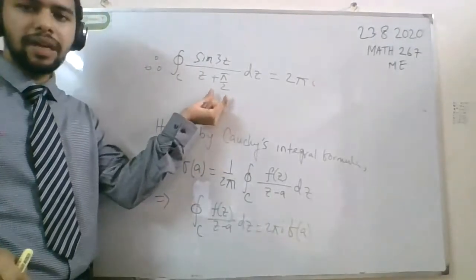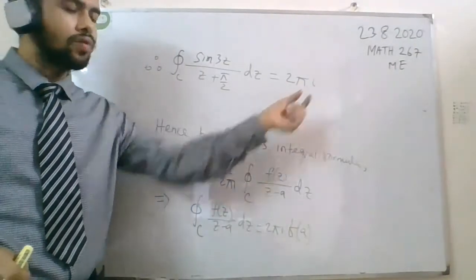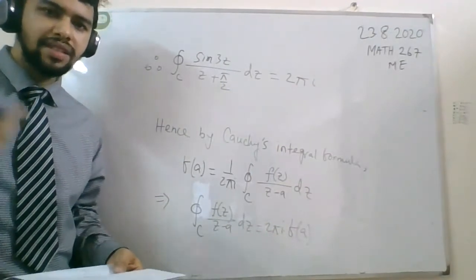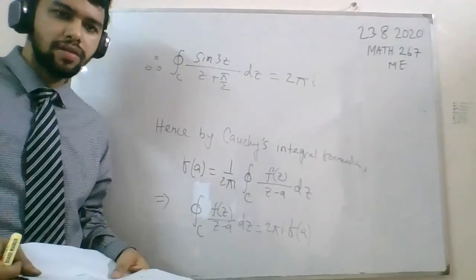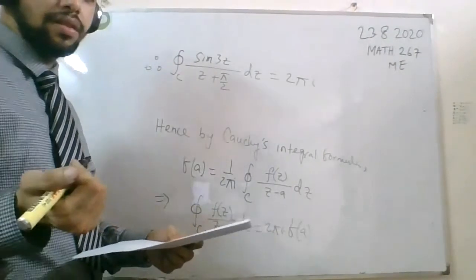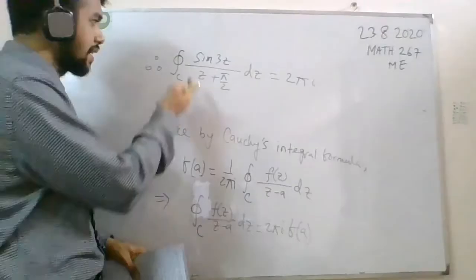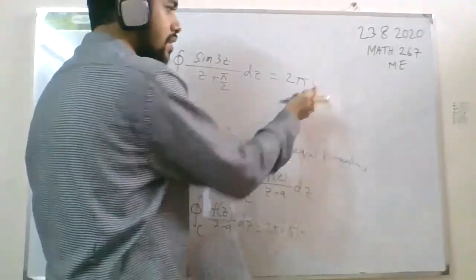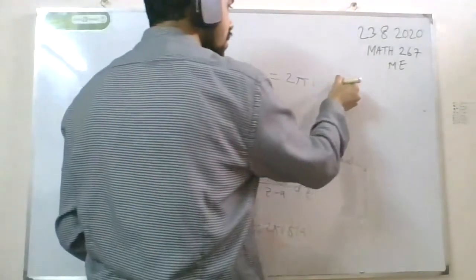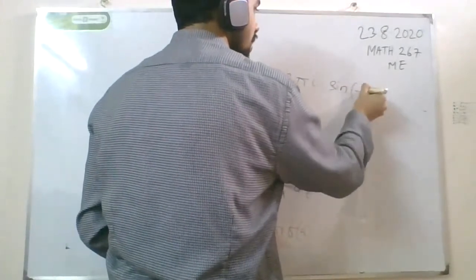If a equals minus pi by 2, then what is our f of a? What is our f of z? Sin 3z. Yes, so f of z is sin 3z. So f of a means sin of 3 times minus pi by 2, sin minus 3 pi by 2, isn't it?